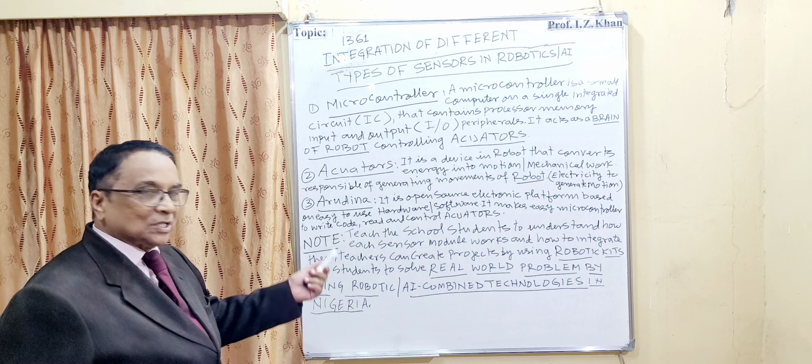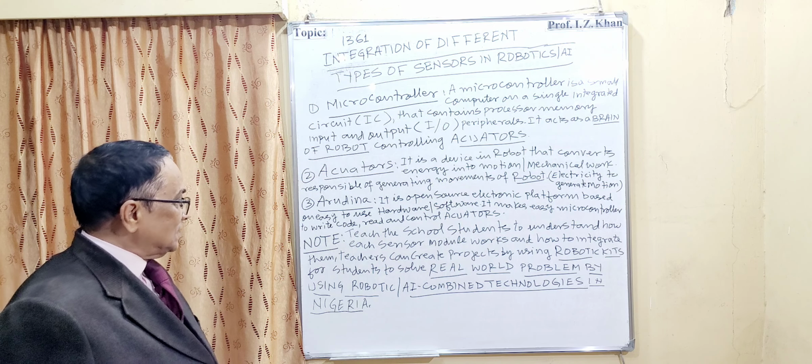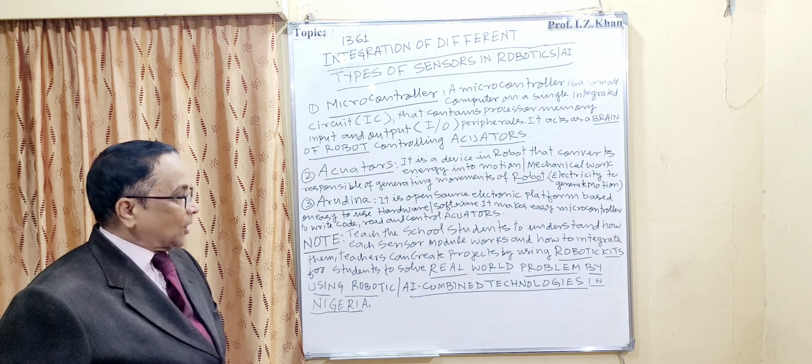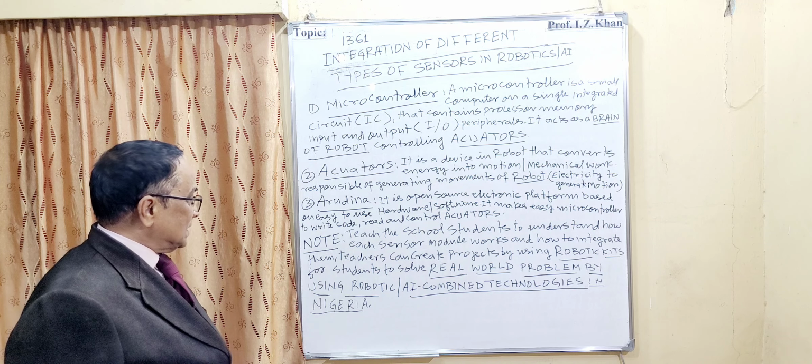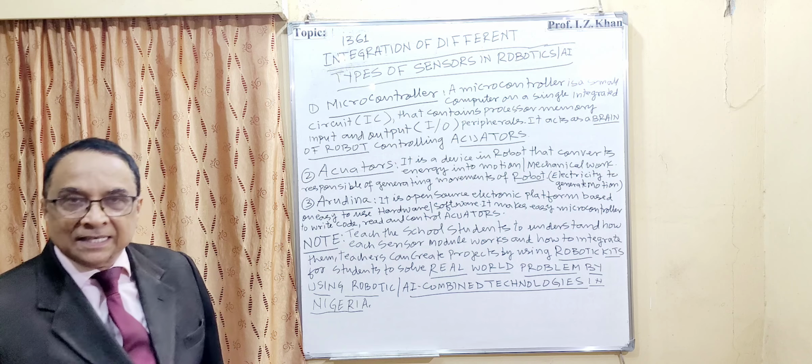So all these projects can be given using robotic kits for students to solve real world problems by using robotic and AI combined technologies in Nigerian schools.